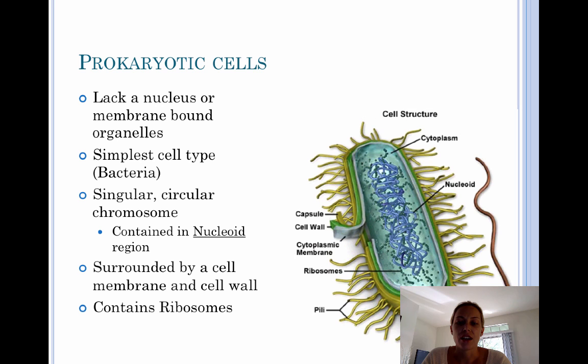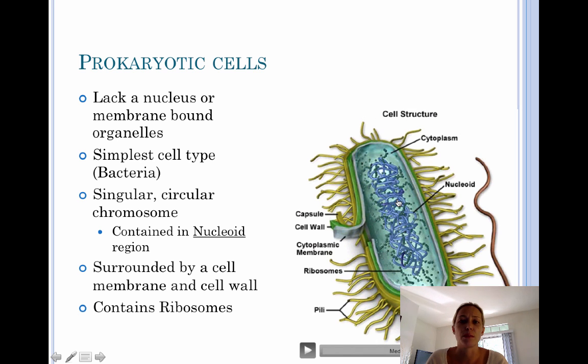Here we have a diagram of a prokaryotic cell, and you will see that a prokaryotic cell does have DNA right here, and it is not enclosed in a membrane. It's freely floating in the cytoplasm.